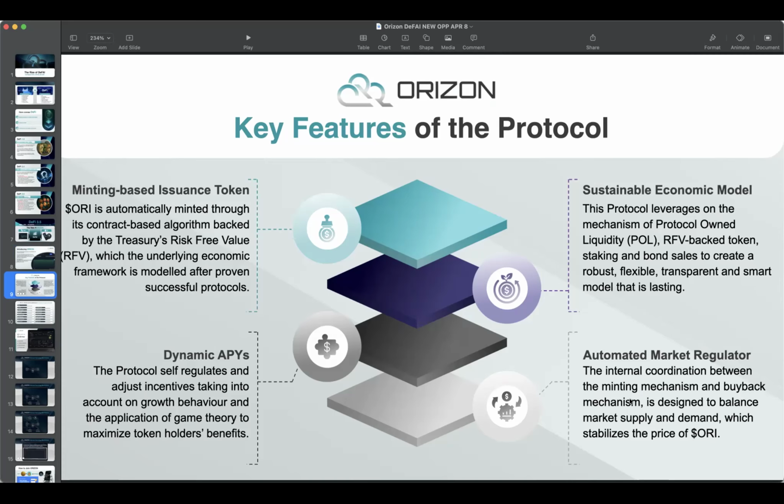Maybe not all the dump tokens, but there's an algorithm it will use to buy enough dump tokens to make sure that the price is not affected. Because what it will do, it will go to the market, buy the dump tokens, and then remove those dump tokens from circulation so that the dump tokens will not affect the price of the protocol. Now, when those dump tokens are purchased and removed from circulation, the price stabilizes.